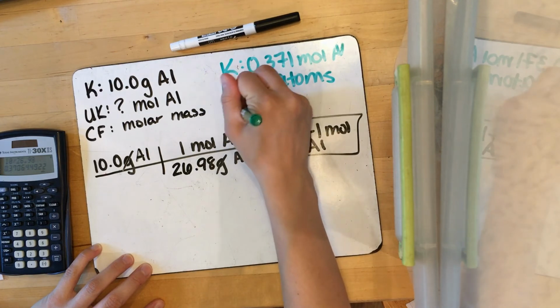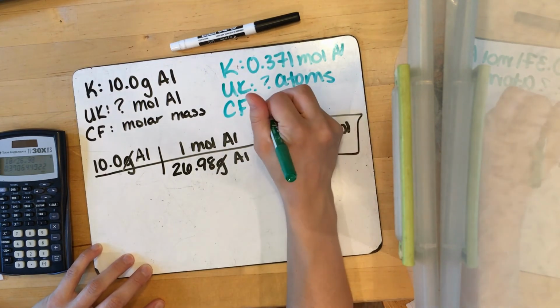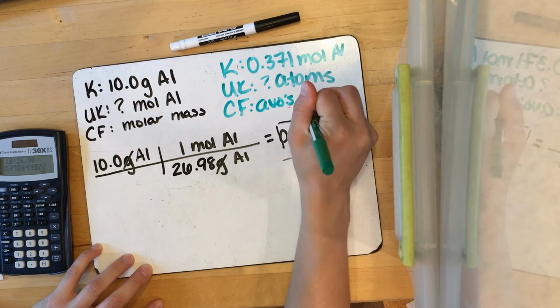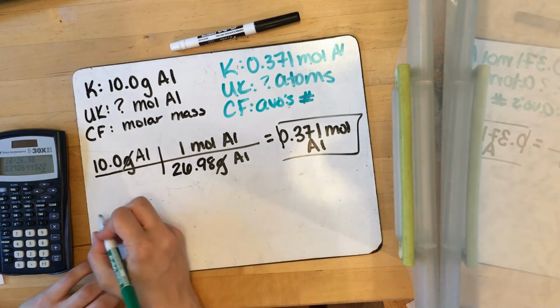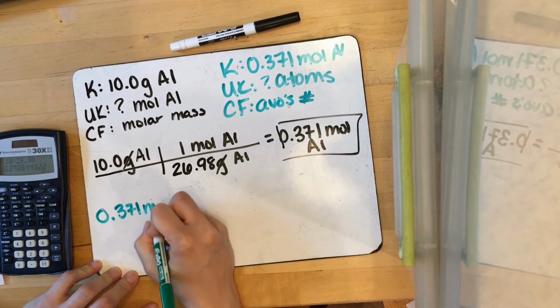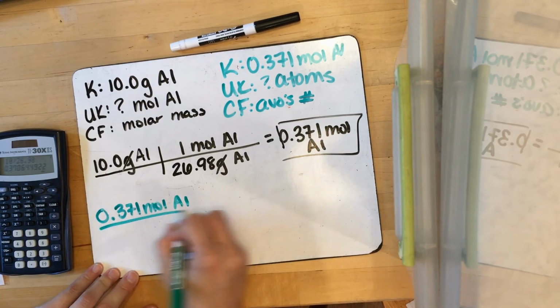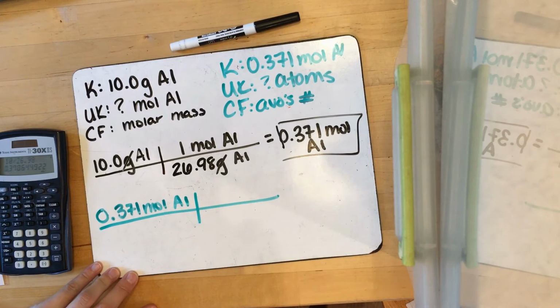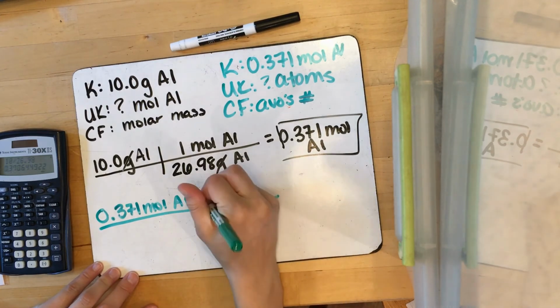And for our conversion factor, to get from moles to atoms, we need to use Avogadro's number. So I'm going to start with the moles, 0.371 moles of aluminum. And then I'm going to use Avogadro's number to change that to atoms.